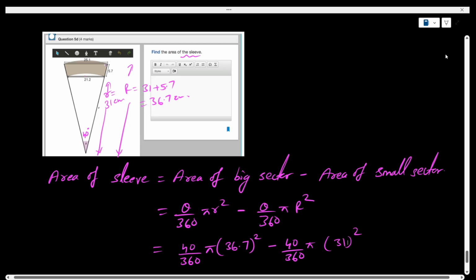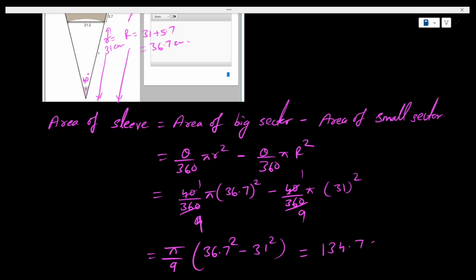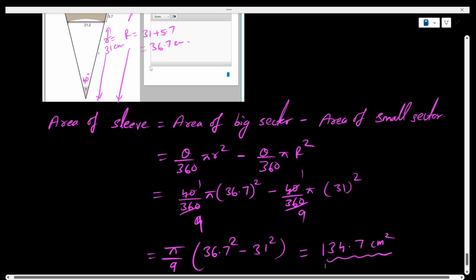You can take the common value outside: 40 by 360 is 1 by 9. So take pi by 9 common, and then 36.7 square minus 31 square. We get approximately 134.7 square centimeters. So this is the area of the remaining sleeve.